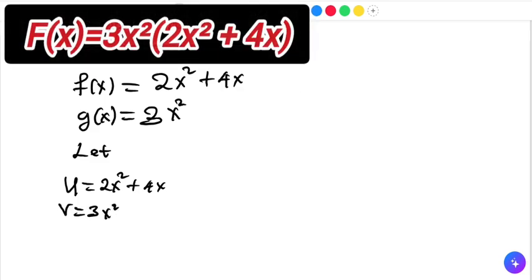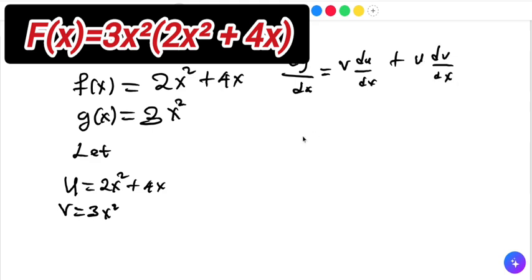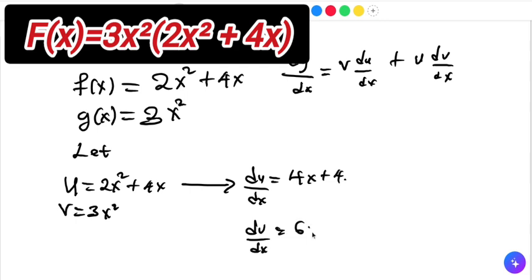Using this formula, dy/dx is equal to v du/dx plus u dv/dx. So let's find du/dx. For this part, du/dx is going to be equal to 4x plus 4. What about dv/dx? This one is going to be equal to 6x.